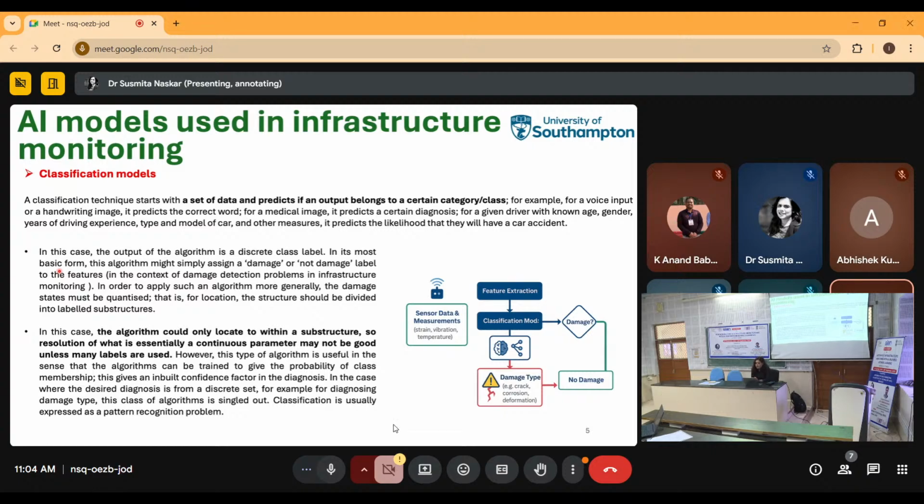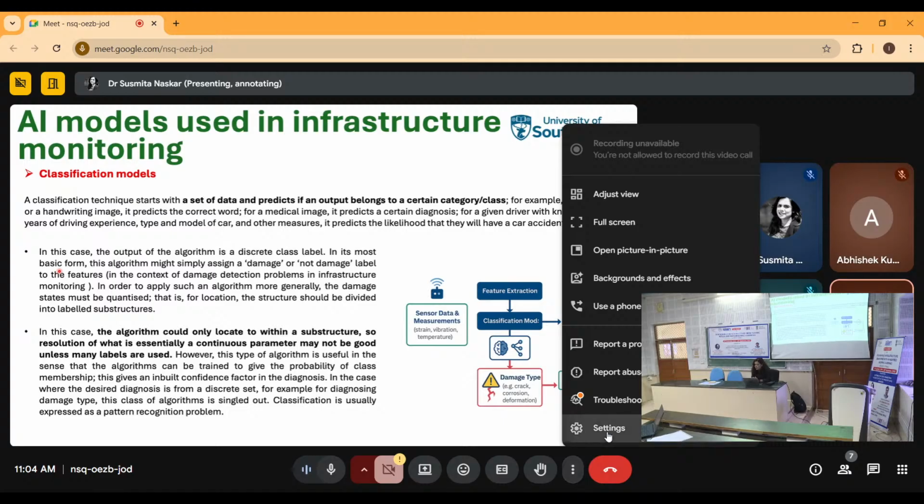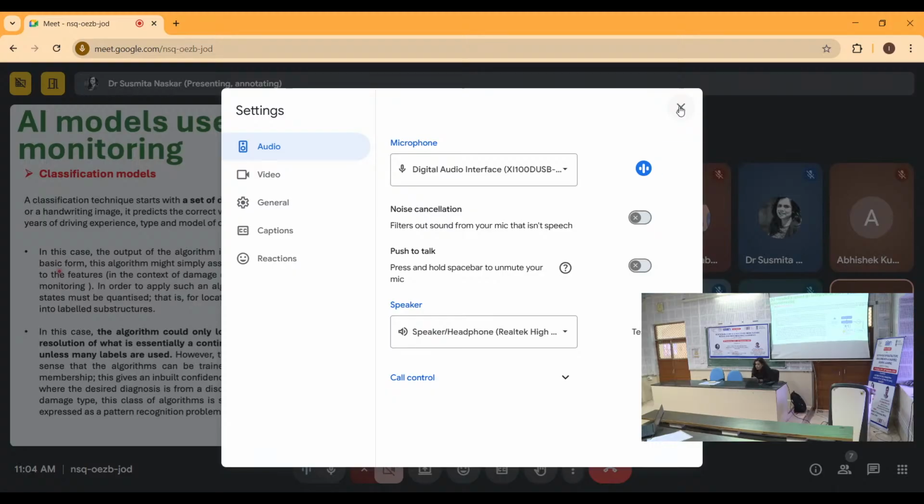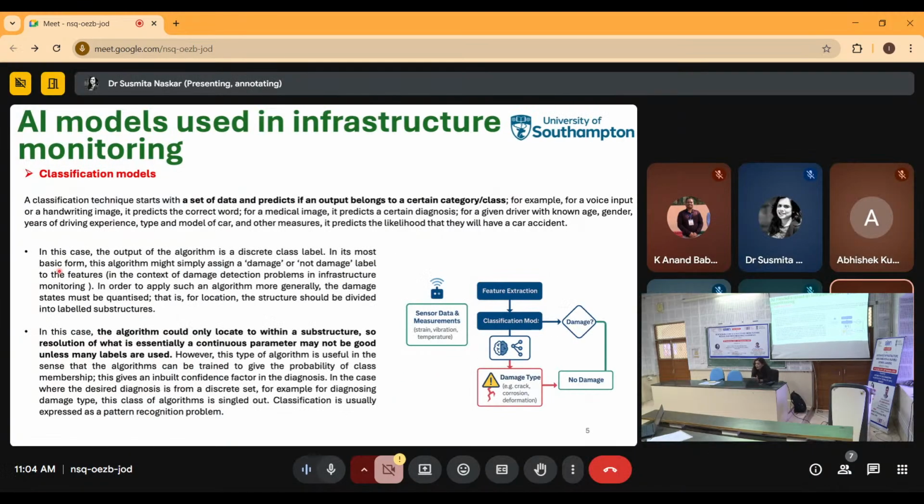These models start with a set of data and predict whether a new output belongs to a particular category or class. This is the same principle behind many applications you will be familiar with, such as voice recognition, predicting the correct words, or even predicting a diagnosis in the medical field. So this is being used quite a lot.